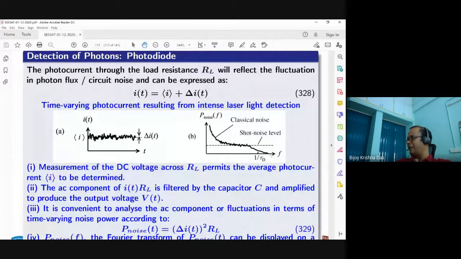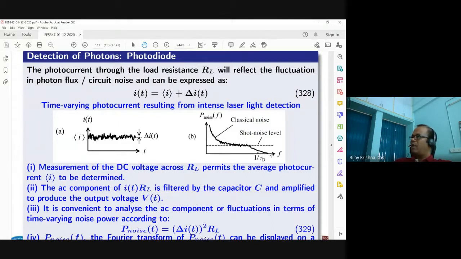Suppose the laser light you are modulating very fast, one pulse coming and then another pulse in between. If you are not keeping enough time, it will not be able to resolve. So that type of noise, that type of disturbance for those frequencies, will not be there. It will not be able to detect.